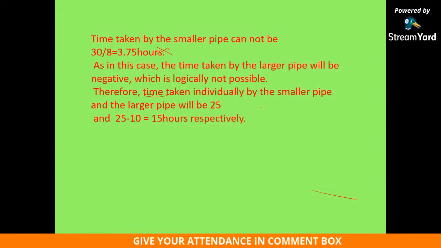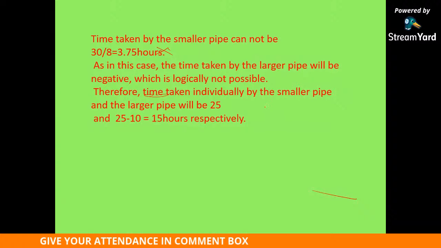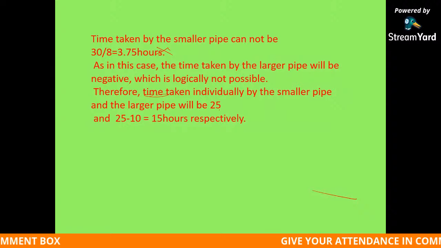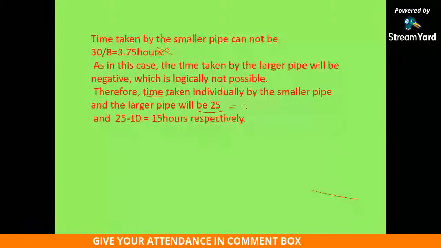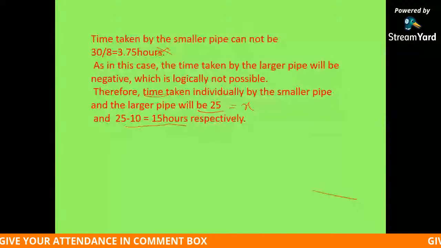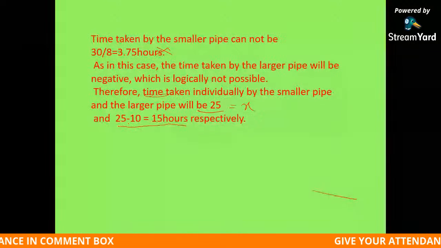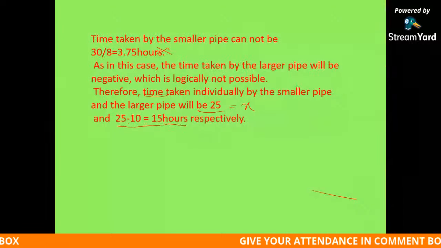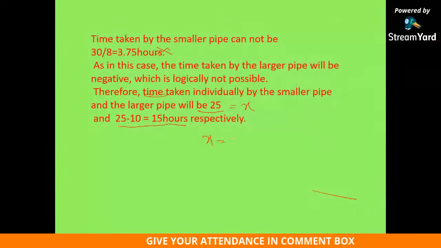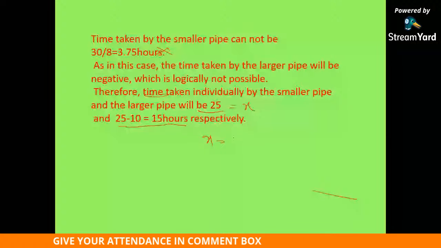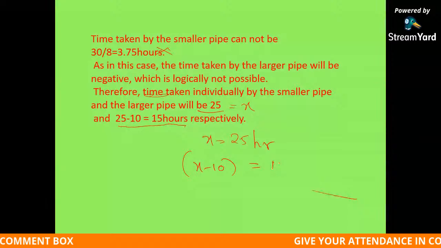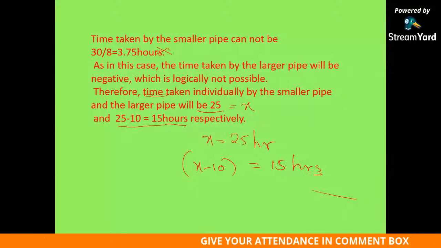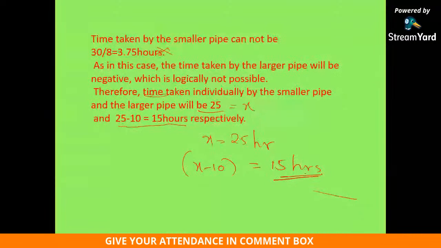Therefore, the time taken individually by the smaller pipe and the larger pipe is: if x is the time taken by the smaller pipe, then the time taken by the larger pipe is 10 hours less than the smaller. Therefore, x is 25 hours, whereas x minus 10, that is the time taken by the larger tap, will be 15 hours. This is your solution.